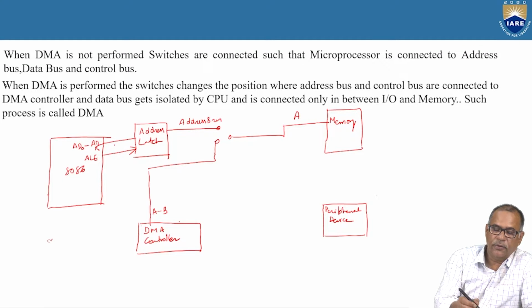During T2, T3, T4, I mentioned that data is available on these lines.